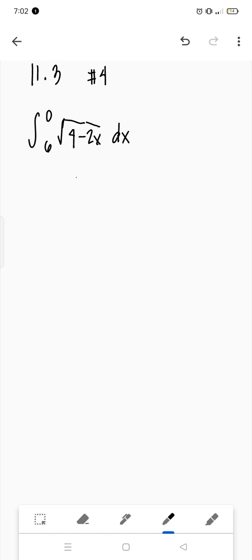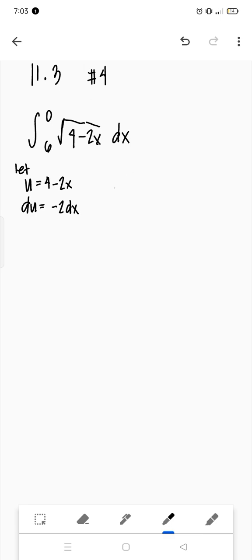So here we have our equation, in which let u be 4 minus 2x and du as negative 2 dx.